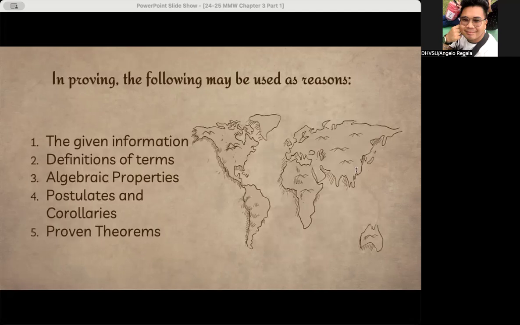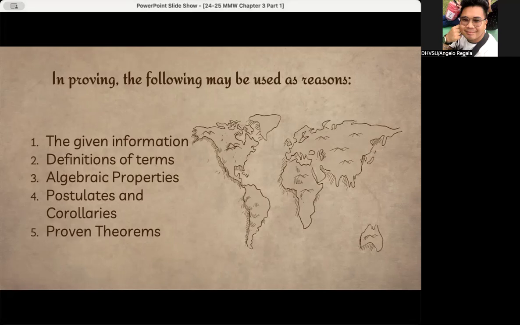We can use algebraic properties such as property of equality, property of inequality, postulates in geometry, as well as proven conjectures from previous processes. Okay, so these are some of the ways that we can do proving.